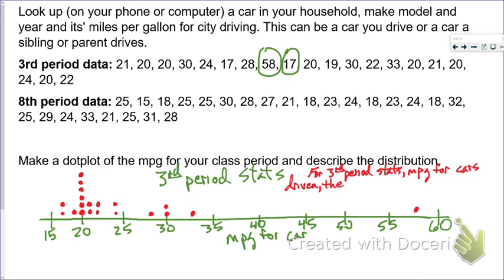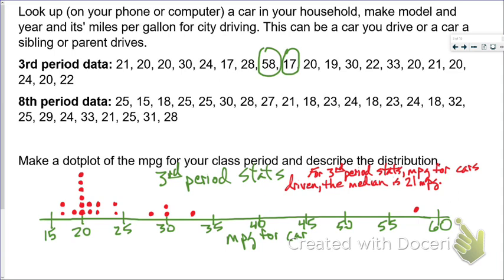The median, I believe there are 20 observations, and the 10th and the 11th fall right at 21. Yeah, because there's 6 dots on the 20, so 3 to the left, so that's 9, so 10 and 11, so 21. The median is 21 miles per gallon, and that is our center.